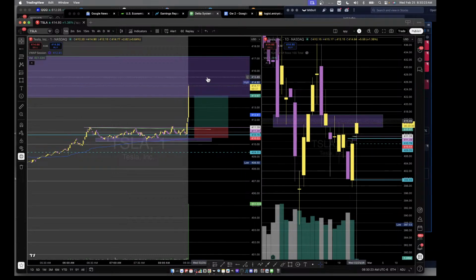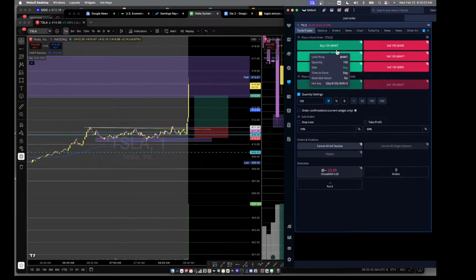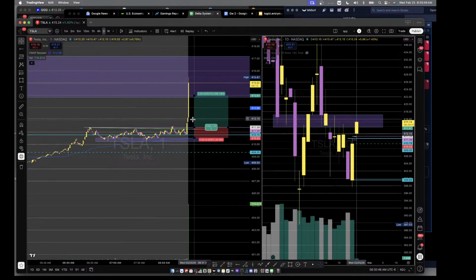Probably short around here. Yeah, so I wanted to get in, but I wanted to get in if it retested this, but it didn't.